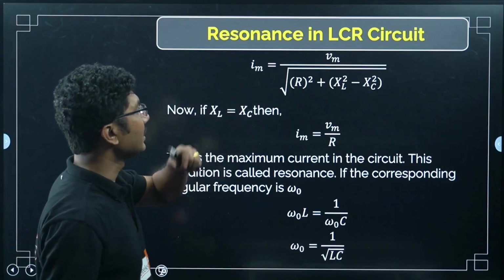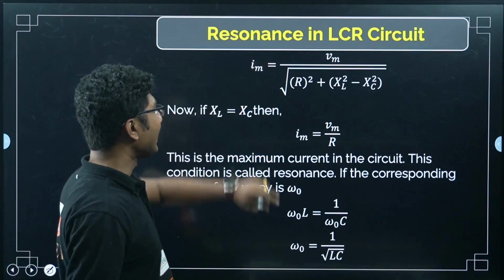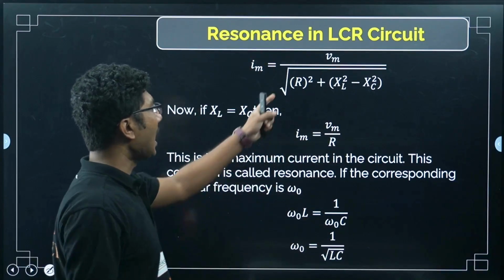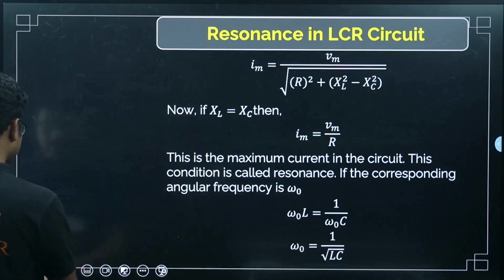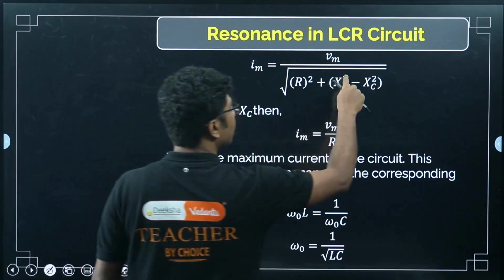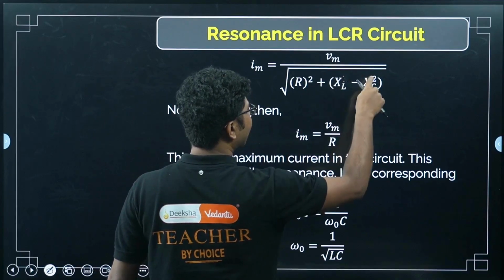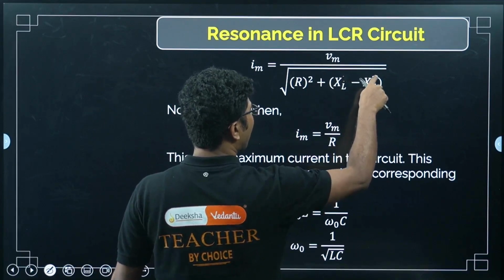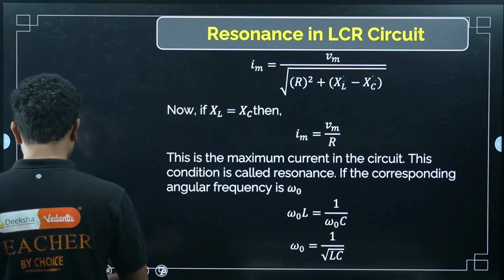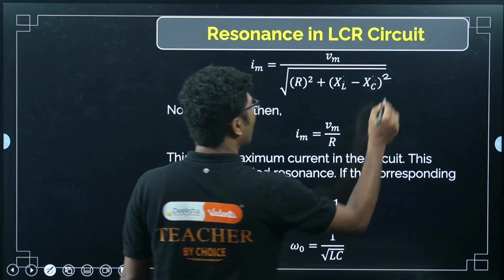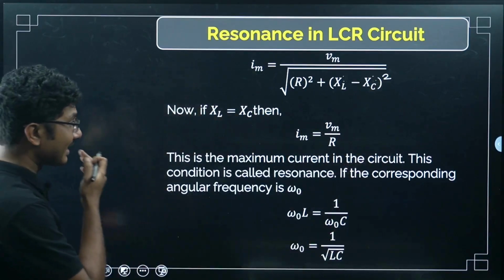Now let's look into this condition. Im is equal to Vm divided by the square root of R squared plus XL minus XC whole squared, right? We have already understood that, applied that, and solved some problems. Now what will happen if the values of XL and XC are equal?